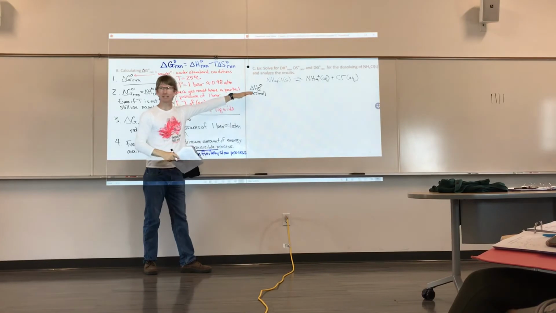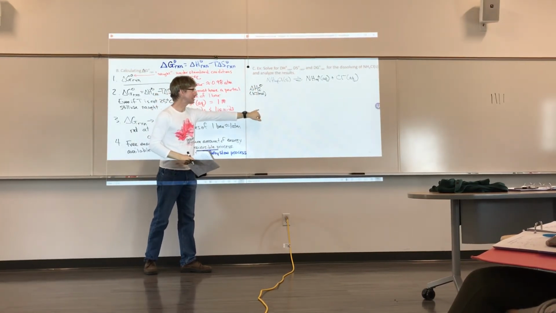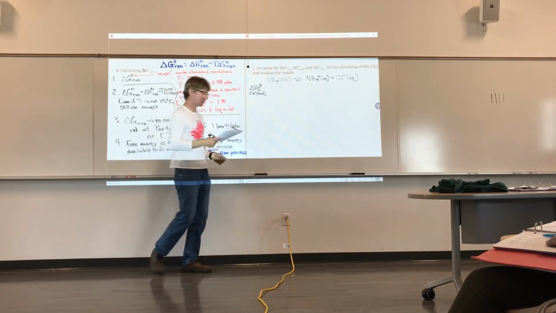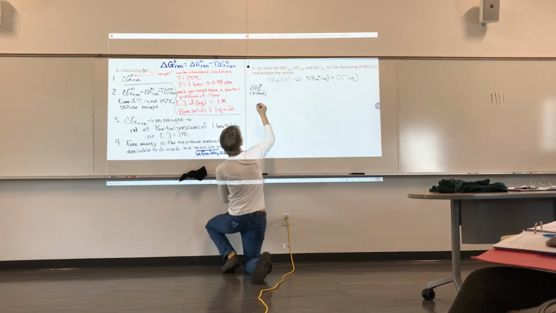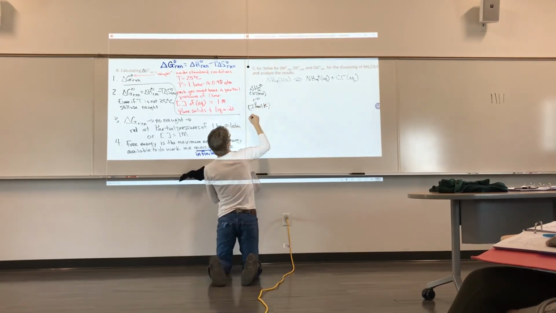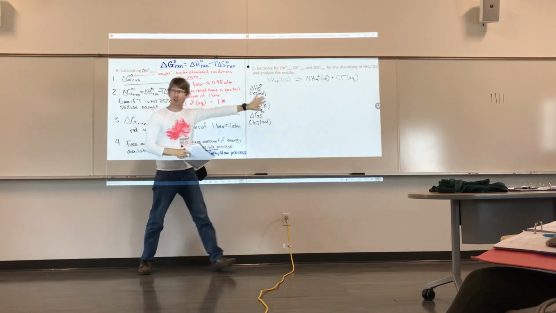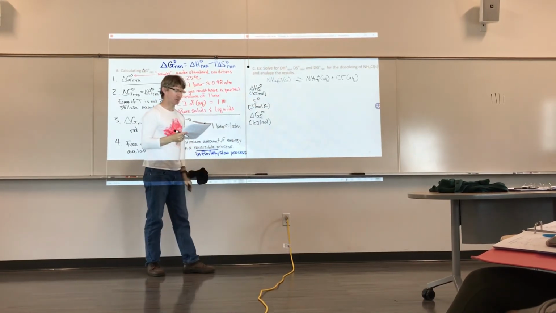I will be needing my delta H formation knots, my S knots, and my delta G formation knots. I'll write all my units over here, then I won't write my units as I work through the problem.